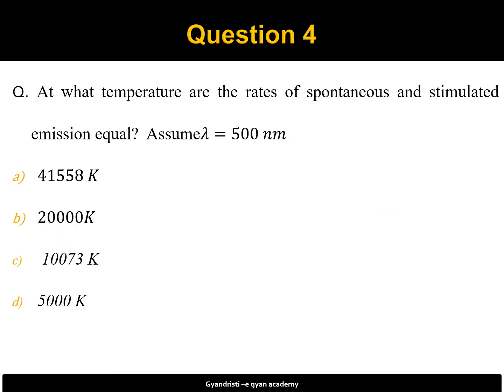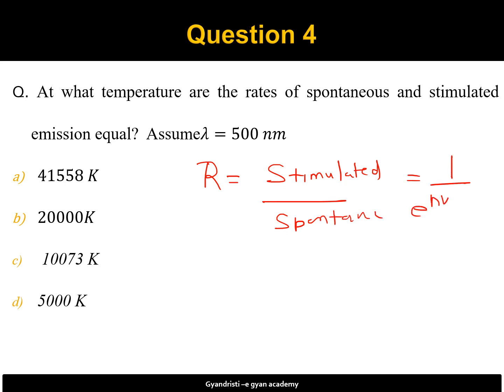In question number 4, it is asked: at what temperature are the rates of spontaneous and stimulated emissions equal? So the ratio of the rates of stimulated emission to spontaneous emission is given by the relation 1 upon e to power h nu by kT minus 1. So here lambda is given, 500 nanometer. If rates are equal, then this R value will be equal to 1.